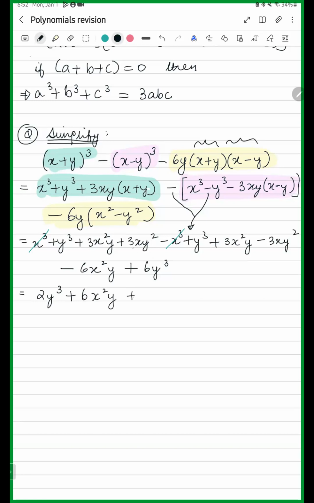Next we have 3xy square minus 3xy square, so these two also get cancelled. Then minus 6x square y plus 6y cube, so these two again get cancelled. And we are left with 8y cube. 8y cube can be written as 2y the whole cube. So this is the answer.